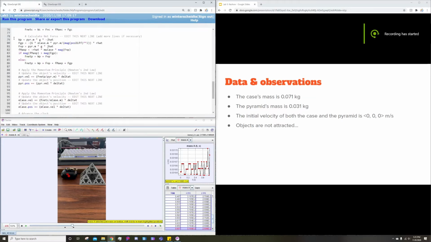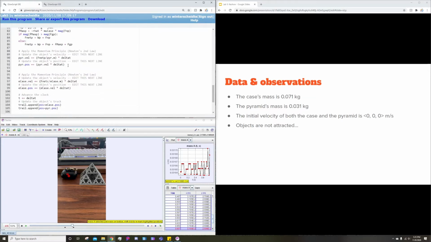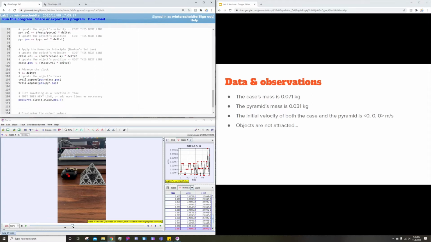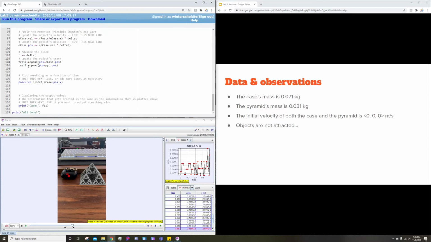This is then repeated for the pyramid as well, and so we update the velocity for both objects, update the time, and append the trail to the object's track.